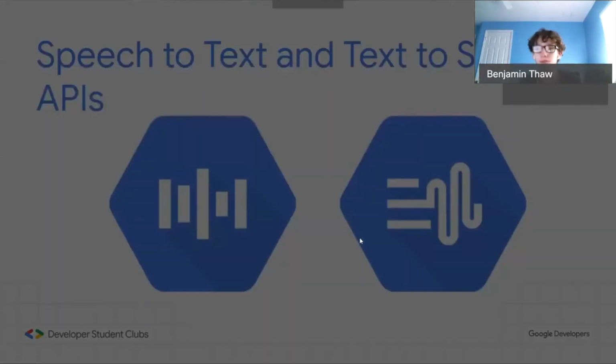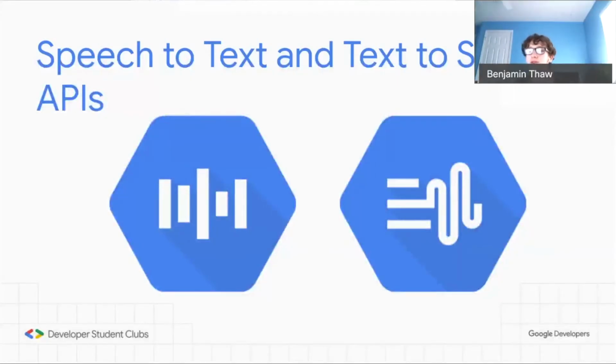All right, I'm going to take a moment to cover some more points about the speech-to-text and text-to-speech APIs. These APIs are pretty powerful. They can translate speech to text and also speak text.